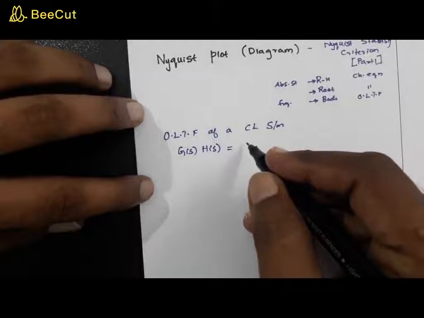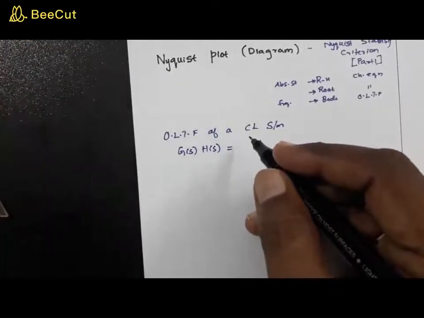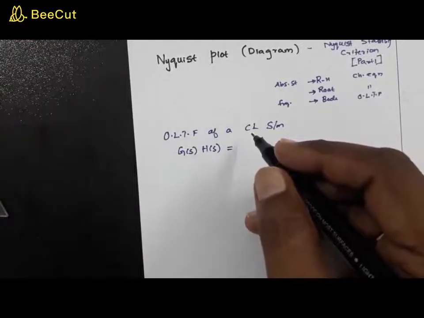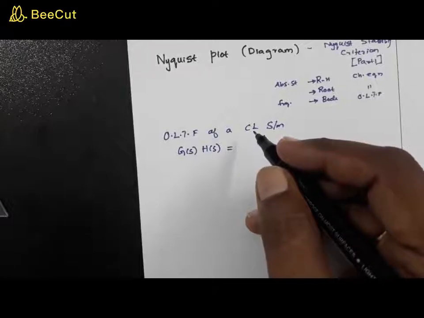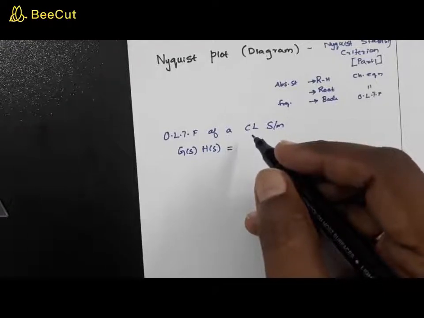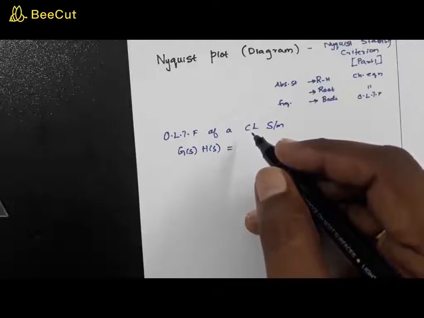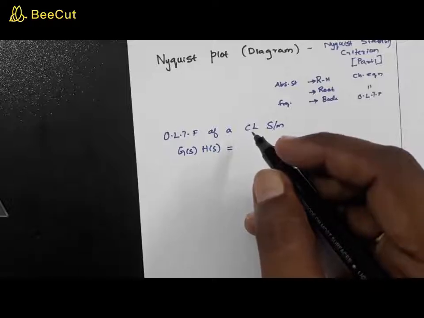Now we already know the basics of this G(s)H(s), or the generalized form of this G(s)H(s), right?